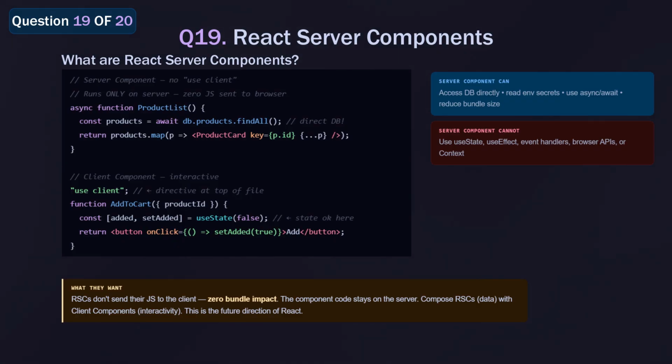The component code stays on the server. This means zero bundle impact for data fetching logic. They cannot use state, effects or browser APIs. For interactivity, you compose them with client components, marked with use client. What they want: you understand the server-client component boundary and why RSCs reduce bundle size.